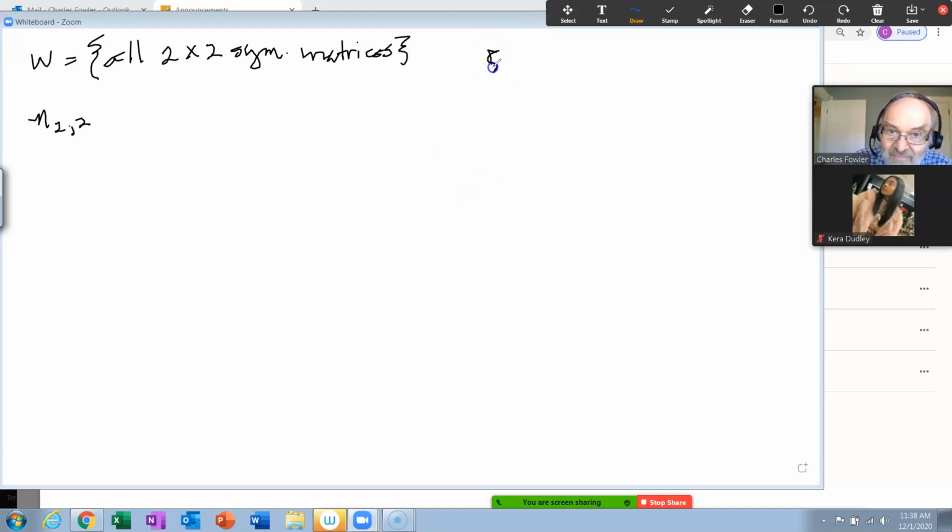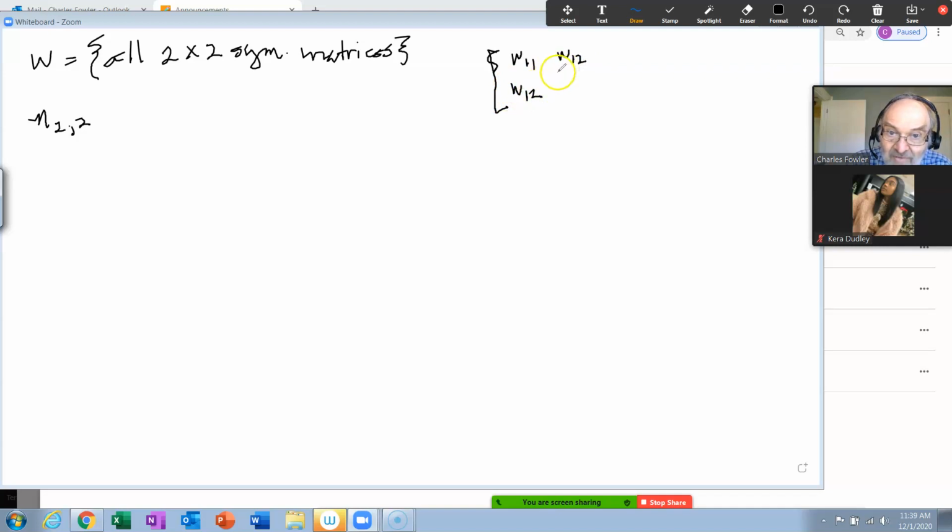Well, matrix notation, 2 by 2, it could have, let's call it little w 1,1, little w 1,2, and then this also has to be little w 1,2.